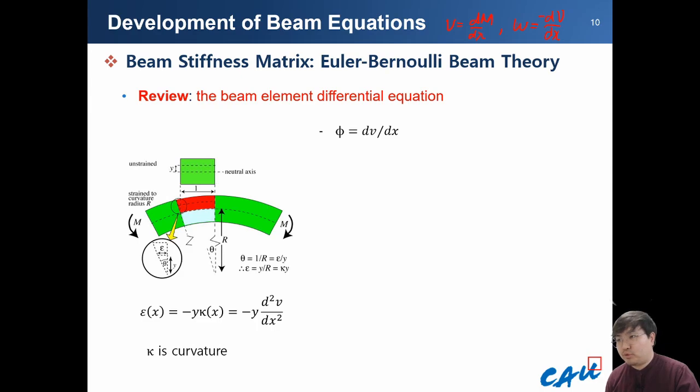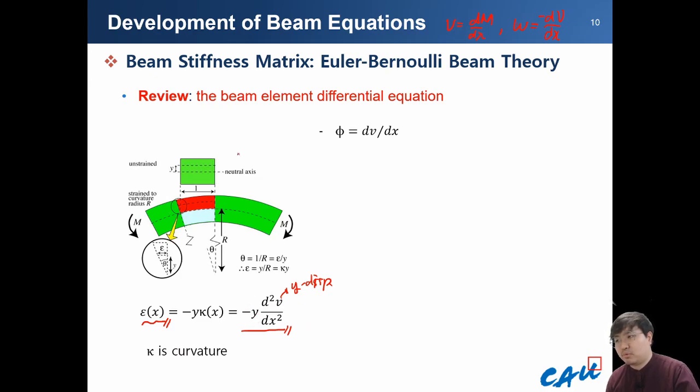So we are going to obtain some other relationships. Here the strain in the x direction is equal to the second derivative of v, the displacement in the y direction, multiplied by the position y.